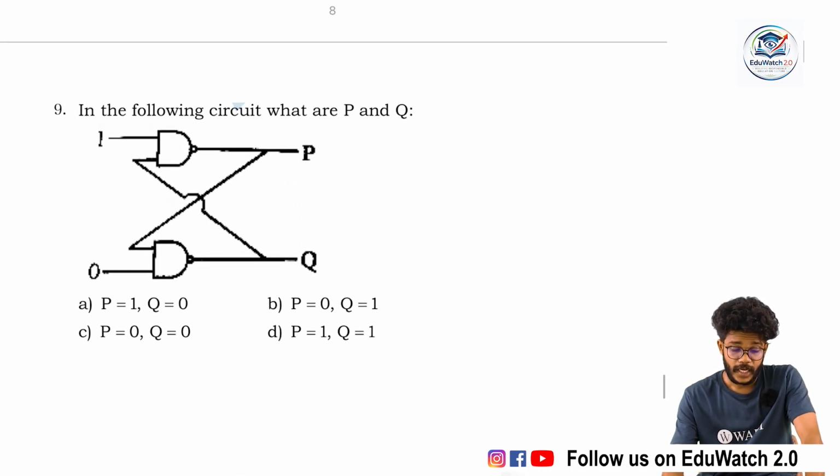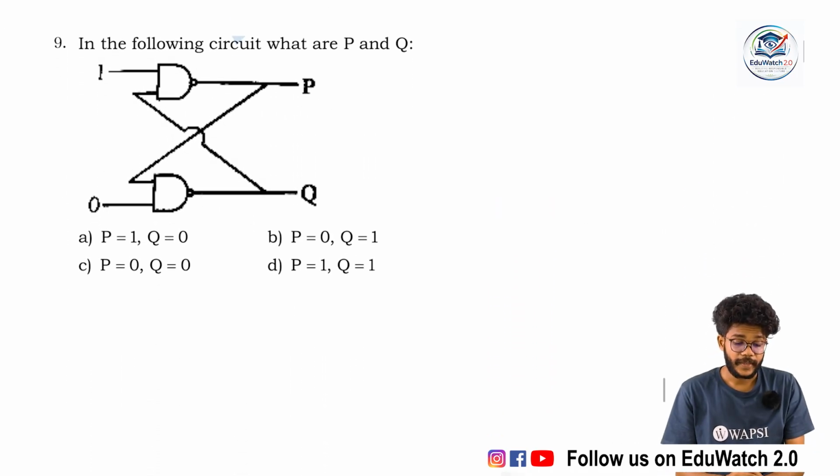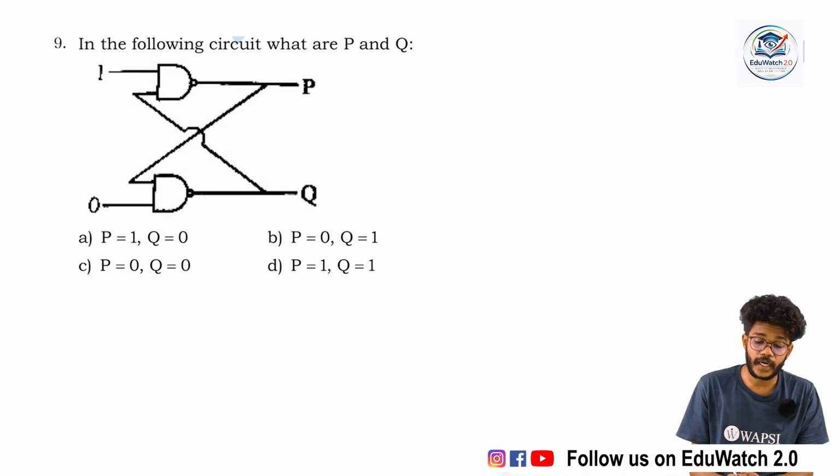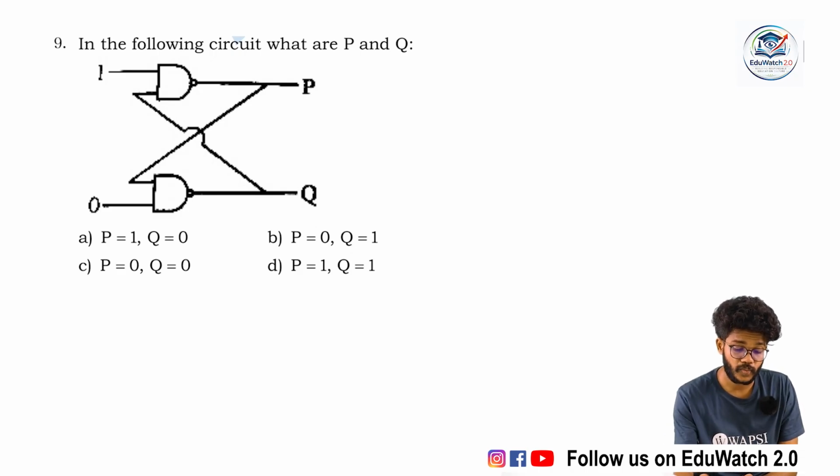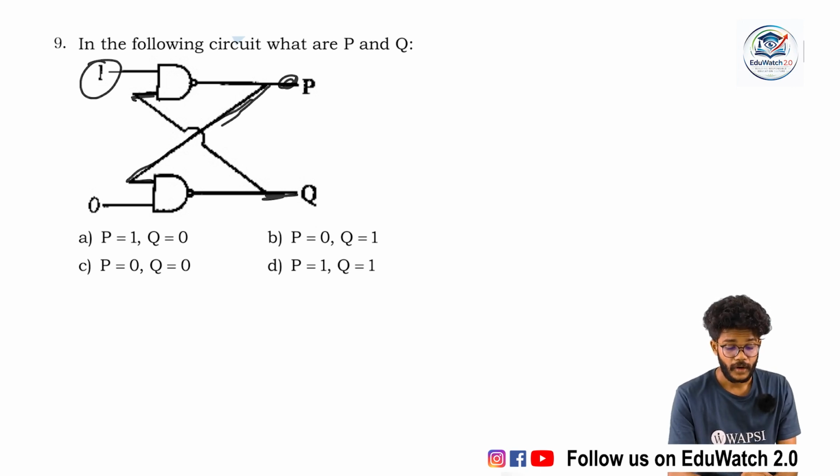And the ninth question is, in the following circuit, what are P and Q? What is the result of P and Q? Here this is 1 and we don't know the Q, and also we don't know P. The unknown quantity has been given as the input here.